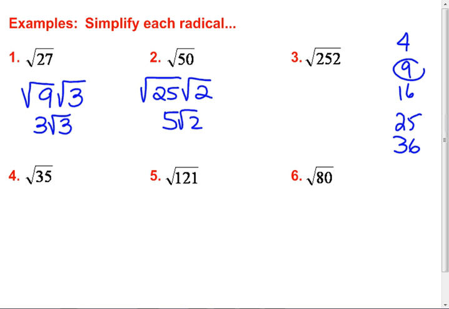Okay, get your calculators out. I have them here if you need them. Try 36 into 252. Use your calculator. Do 252 divided by 36. Just divide it.